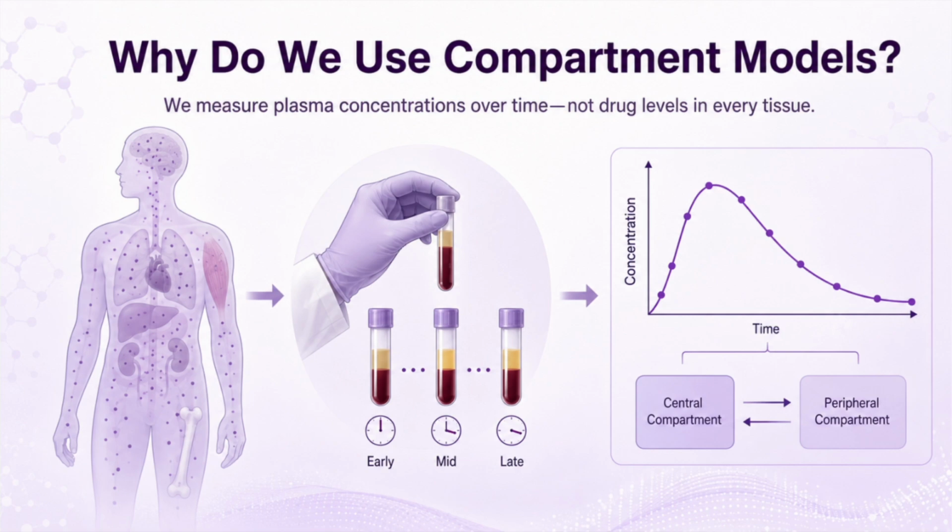We then fit a mathematical model to that curve to estimate how quickly the drug distributes and how quickly it disappears from the body. The model can also help us estimate parameters such as clearance, distribution volume, and half-life, and predict concentrations after different doses.